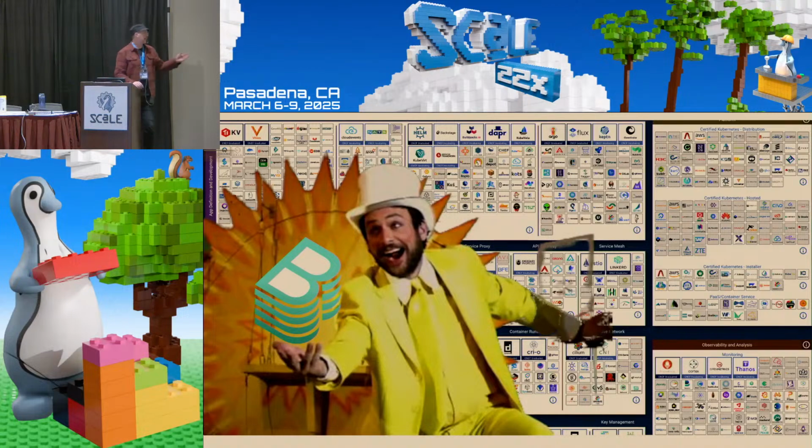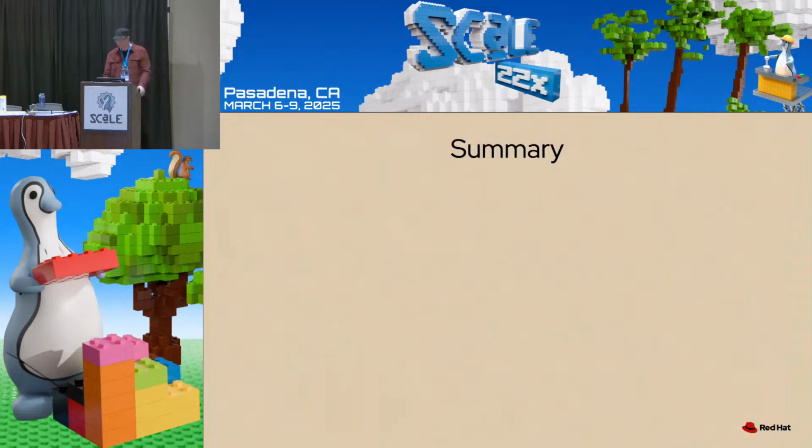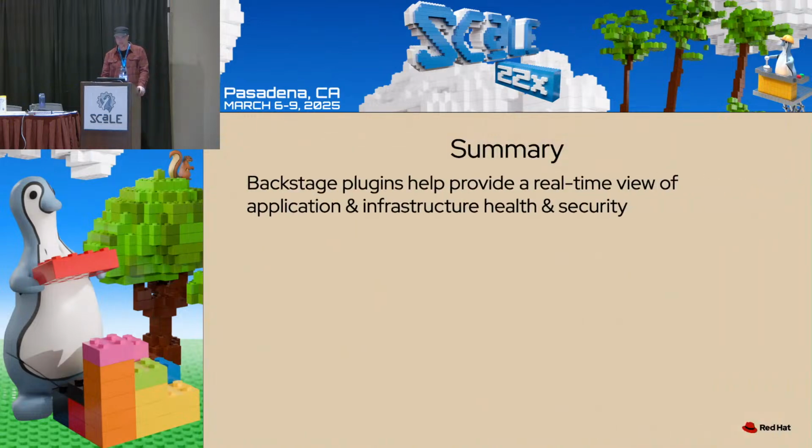So hopefully Backstage is your golden path experience to onboarding developers into the CNCF landscape, and to give them access to all of this good stuff without drowning them in all the details. That's the main idea. Backstage plugins are going to help provide that real-time view of your application infrastructure, health and security.